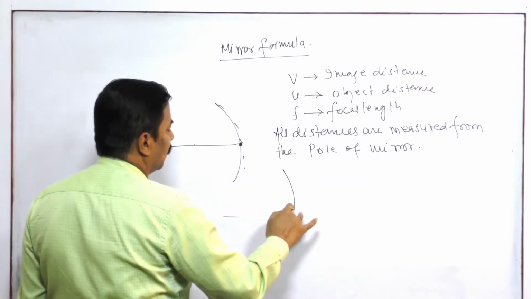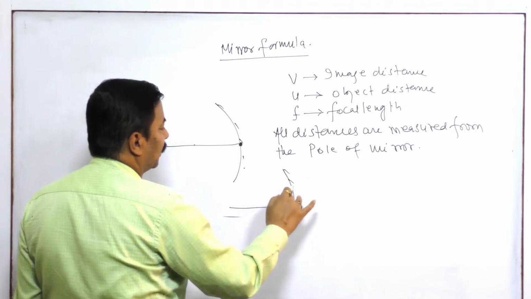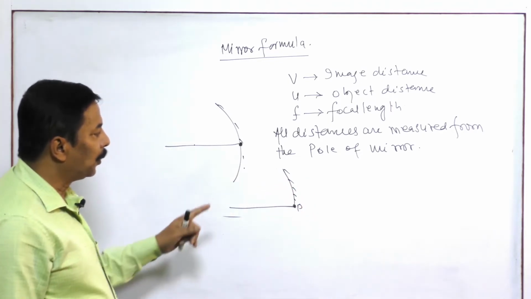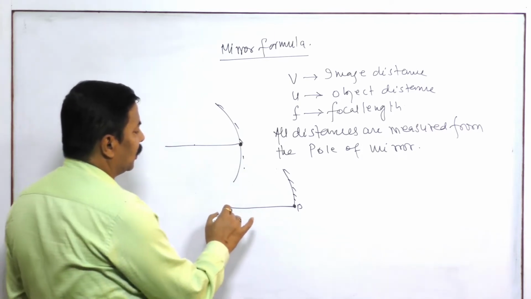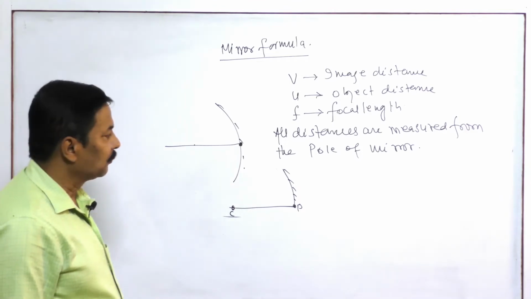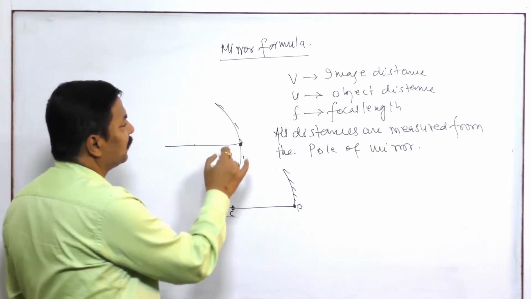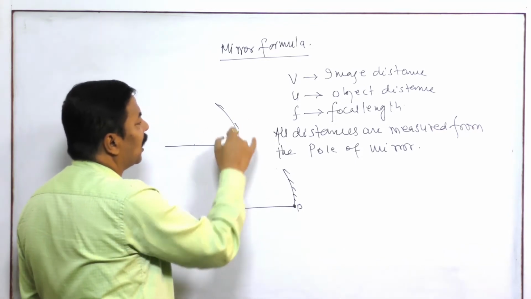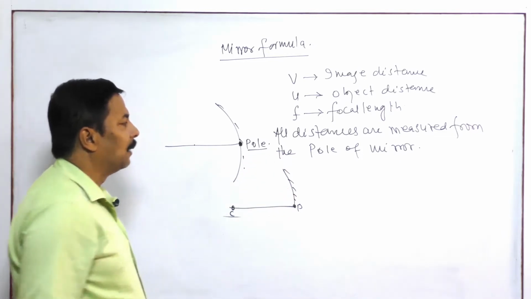This is the end point. So pole can be treated as any point which joins the center of curvature and the surface of the mirror. For convenience we take the midpoint of the mirror as the pole. This thing you all should remember.